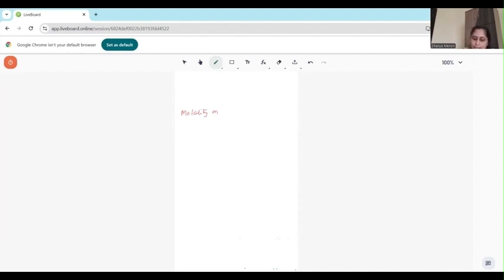Students, molality is represented by small m, and molality is the number of moles of solute by the mass of solvent in kg.